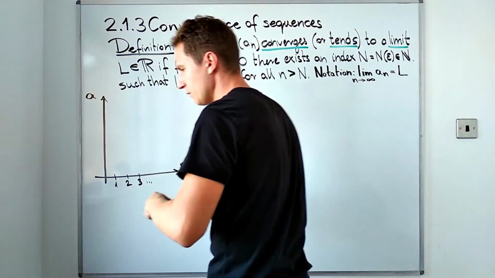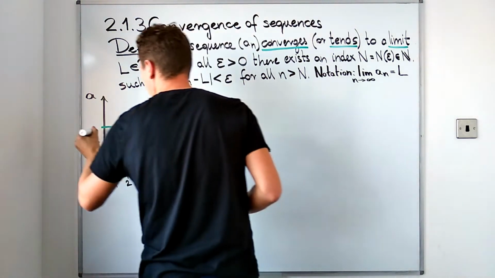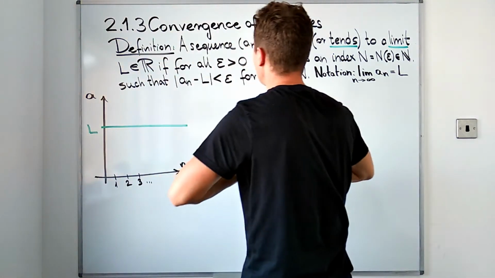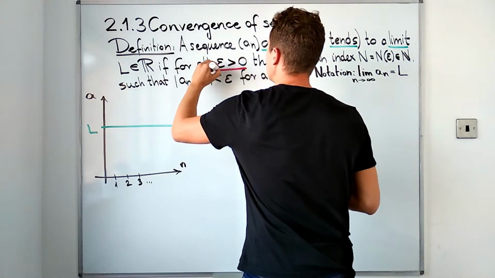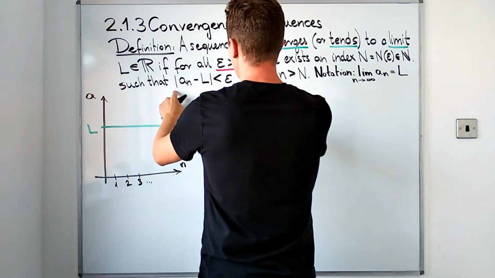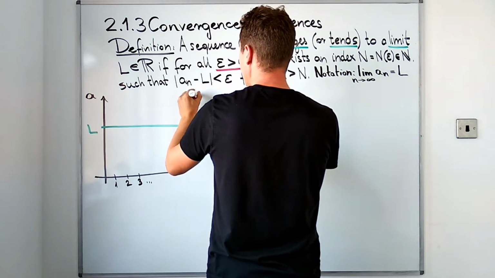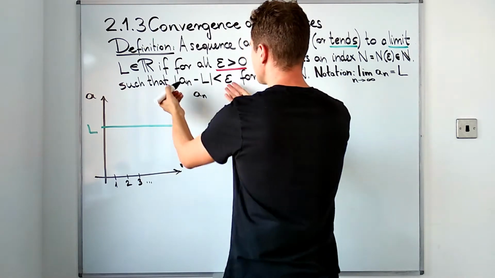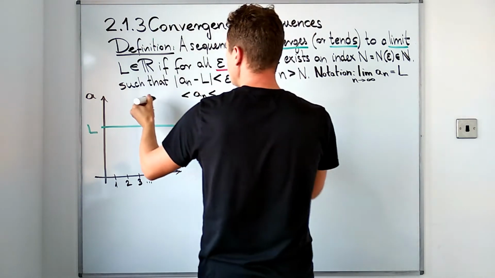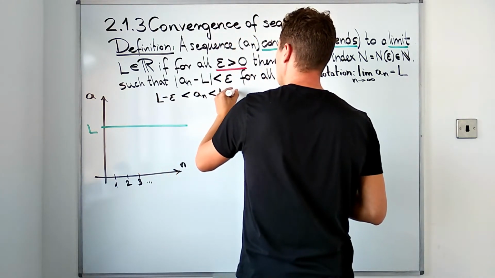We plot the sequence, and what we find is that there is this number L, capital L, the limit of the sequence, for which no matter how small of an epsilon we choose, there will be this inequality. Now, let's look at this inequality, because this can be rewritten in an equivalent way, which might give you a better sense of what it really means. What it means is that a_n should be between the numbers capital L minus epsilon and capital L plus epsilon.